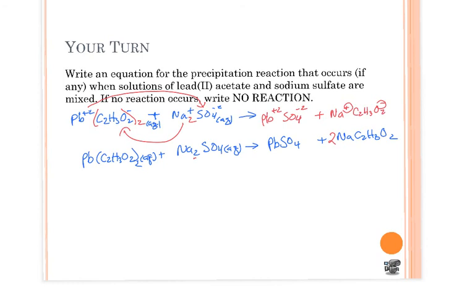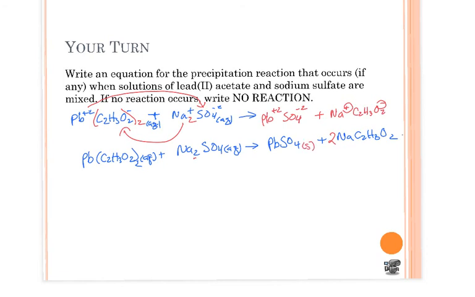Now, let us determine whether our new products are soluble or not. We have our sulfate, and sulfate is generally soluble, but it has an exception, and lead is one of those exceptions. So this is going to be solid.